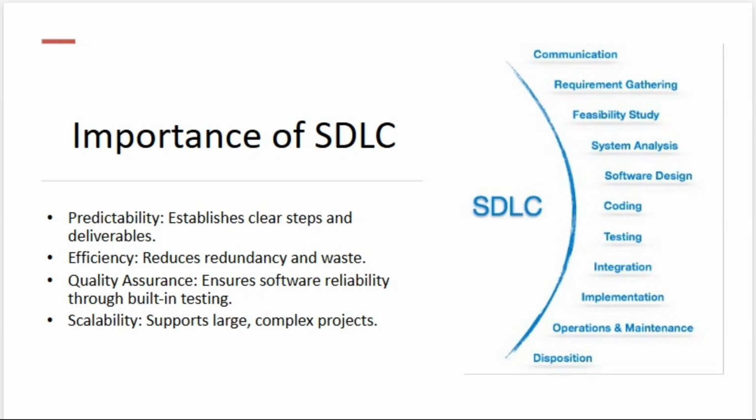Suppose a software needs to be made and it is pretty complex. Through the SDLC process we can define that complexity and the scalability. There are lots of SDLC models, and through a model we can predict by what time the software will be complete, and we can work in an efficient manner. That's why SDLC is needed.